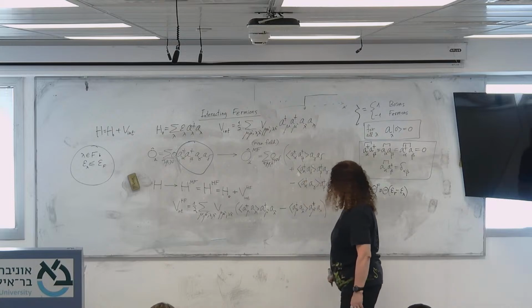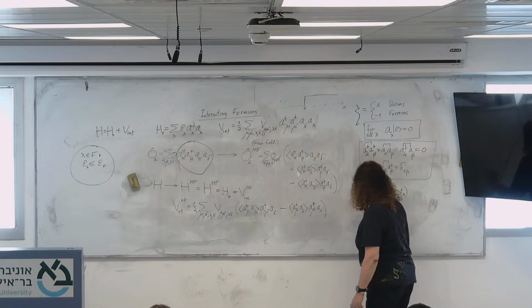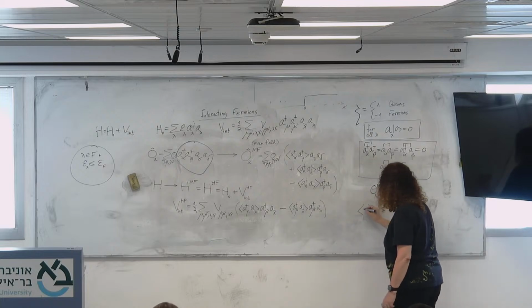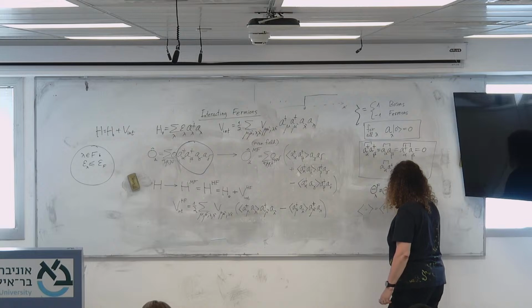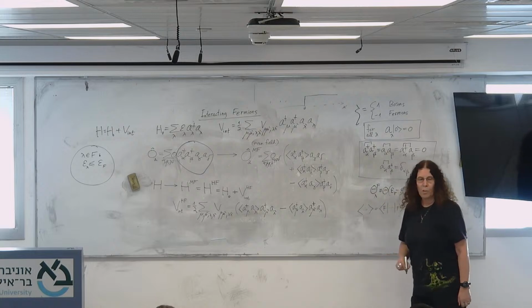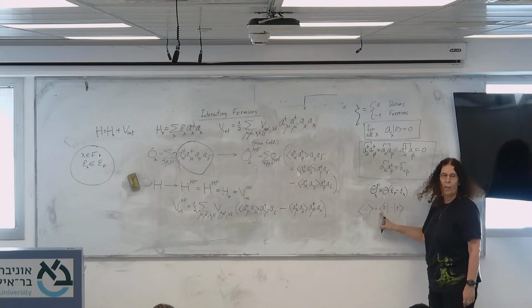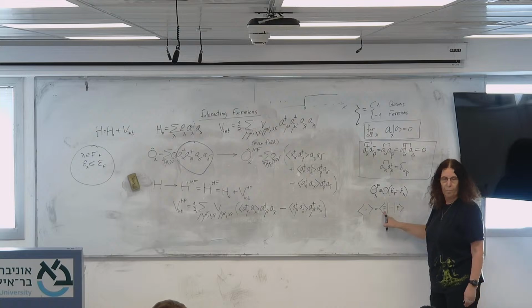Okay. When I write just an expectation value, it's a short notation for the expectation value in the ground state of the Fermi sea. Okay.